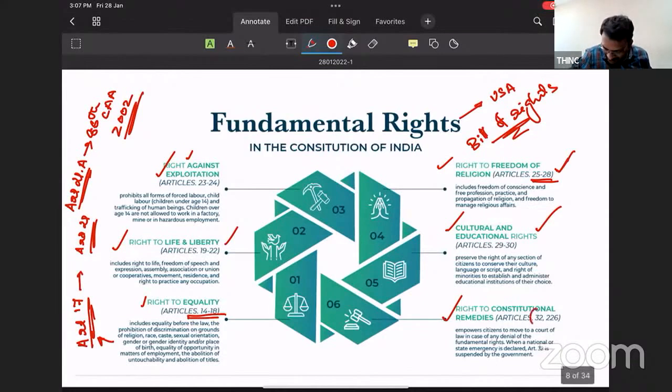Under Article 32, they can approach the Supreme Court. Under Article 226, they can approach the High Court of any of the states they come from, or other related cases. Or they can approach the Supreme Court under Article 32 of the Constitution.